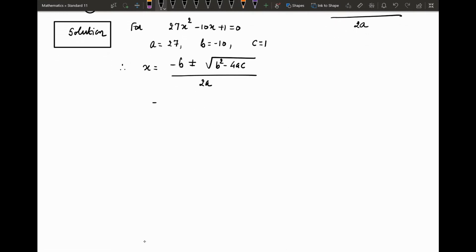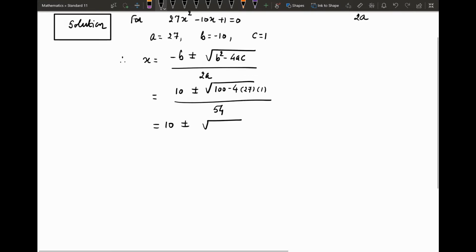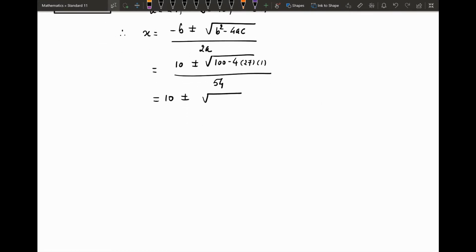So minus b, minus minus plus, because b is minus 10, so 10 plus minus under root b square 100 minus 4, a equal to 27, c equal to 1, upon 2a. So 2 into 27, that is 54. So 10 plus minus, this is 100 minus 4 times 27, that is 108, so this is minus 8.